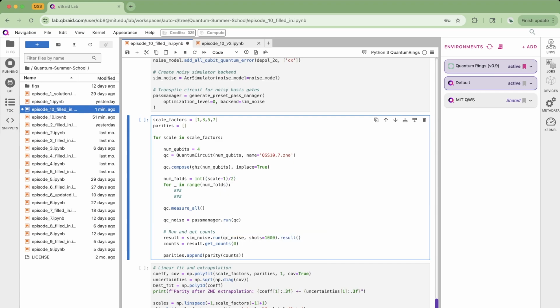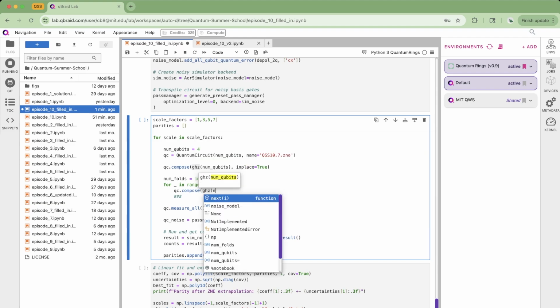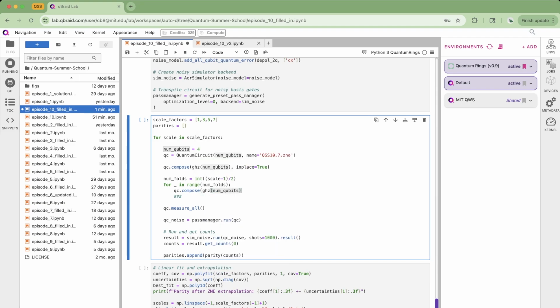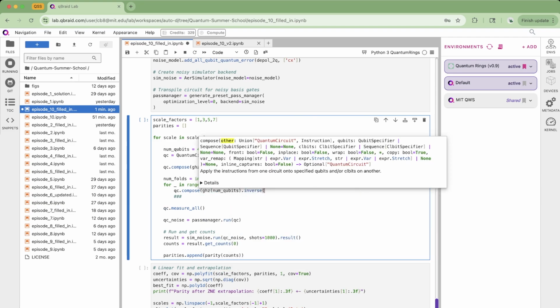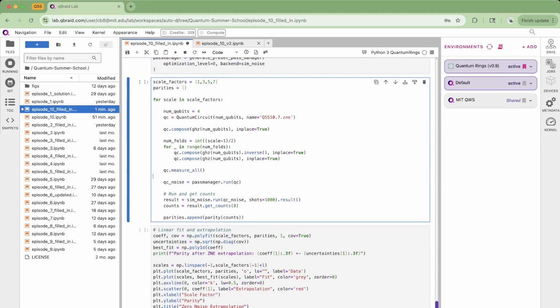And then we're going to want to apply the inverse of the GHZ circuit, and the GHZ circuit. And at the end, measure everything. So then we get our counts, and then at the end, we want to append that average parity. So let's try it.